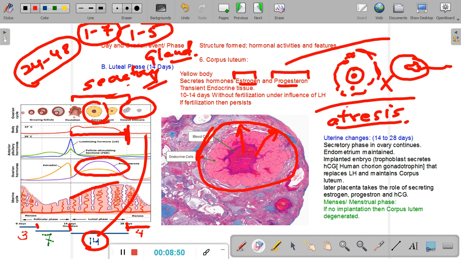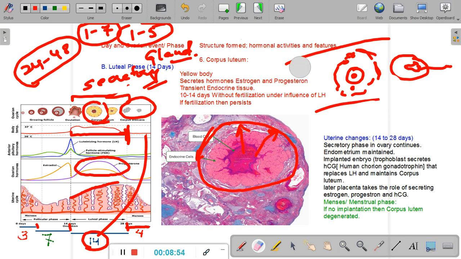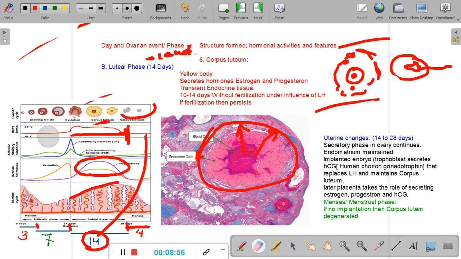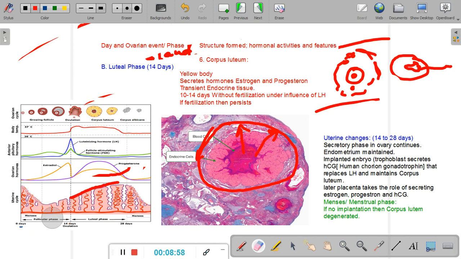But now let us assume that the event of fertilization does take place. If the sperm fuses with the secondary oocyte, which is in metaphase 2 of meiosis 2, which we've already dealt with, we get a functional egg, and we get polar bodies which are then discarded.